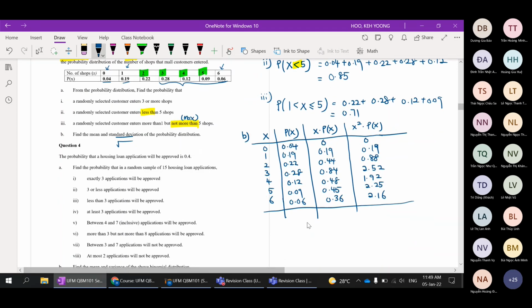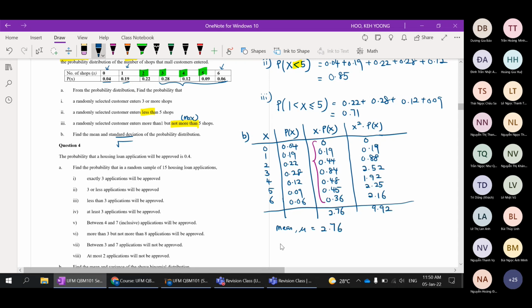So what is the mean? The mean is the total of the x times P(x). You add up the x times P(x) and you get a total of 2.76, so the mean equals 2.76. The total of x squared times P(x) is 9.92.